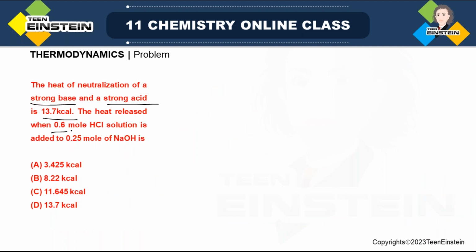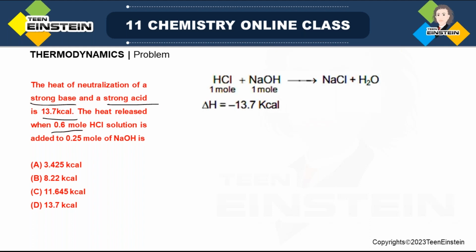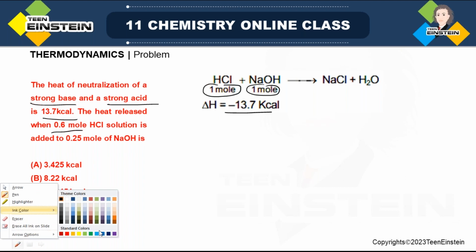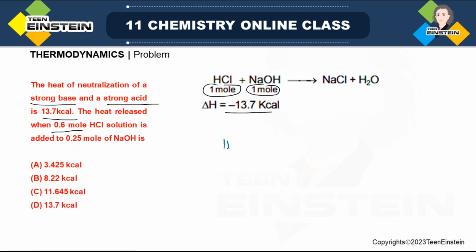The heat released when 0.6 mole hydrochloric acid is added to 0.25 moles of NaOH. So here is the same reaction, the same acid and base that you have just seen. But when it is 1 mole, then only the enthalpy change is this value. But in our case, it is not 1 mole, right? So we will write it separately.